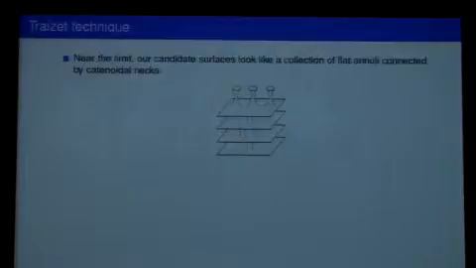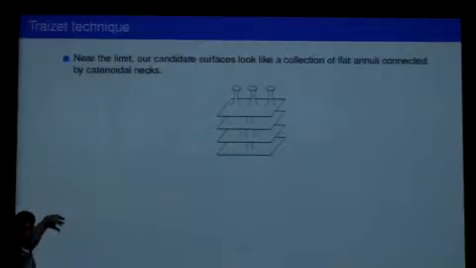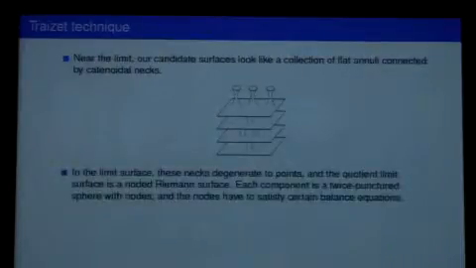And then Traizet showed you could add extra handles between the levels. So our setup is pretty similar, except instead of planes, we have these flat annuli at each level. So near our limit, our candidate surfaces should look like a collection of flat annuli connected by tiny catenoidal shaped necks.